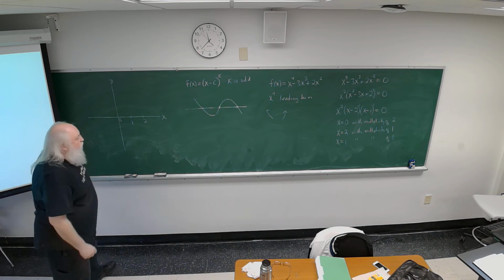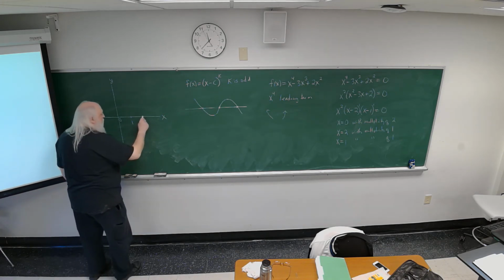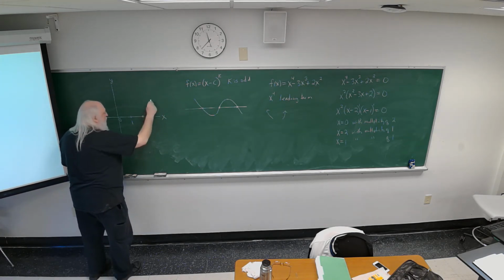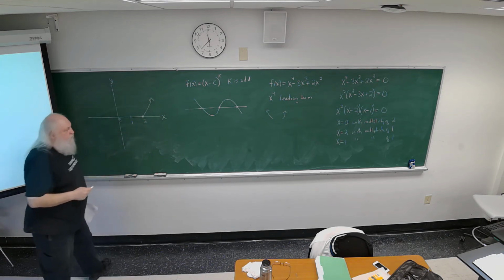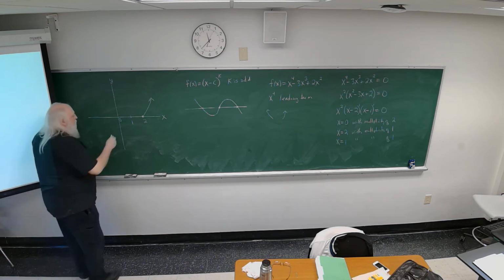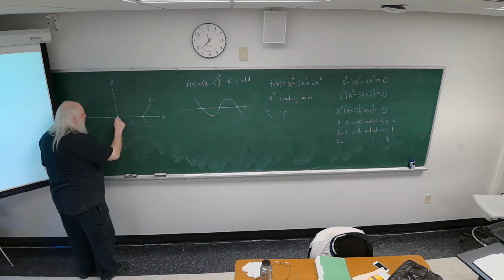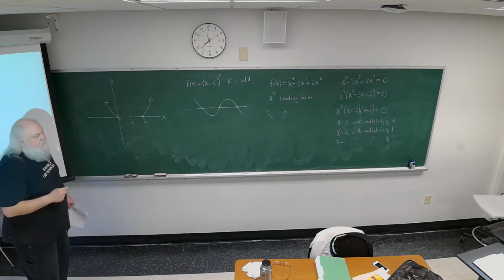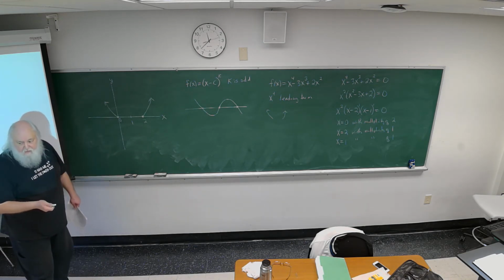We know it goes up on the right end, so from the x-intercept at x equals 2, the graph goes up. And it goes up on the left end, so at the x-intercept at x equals 0, it's got to go up, right? A lot of deductive reasoning in this graph.